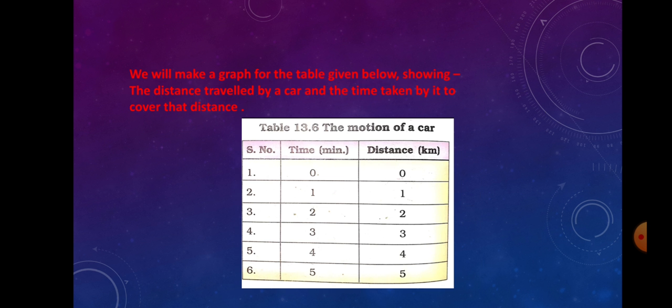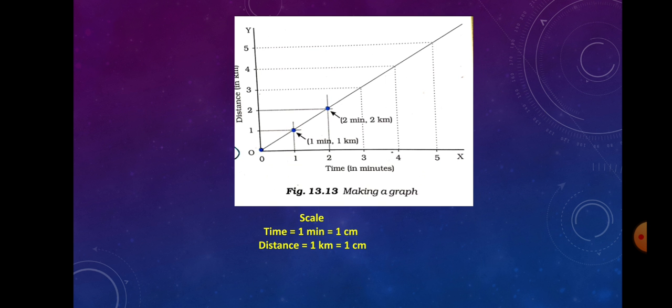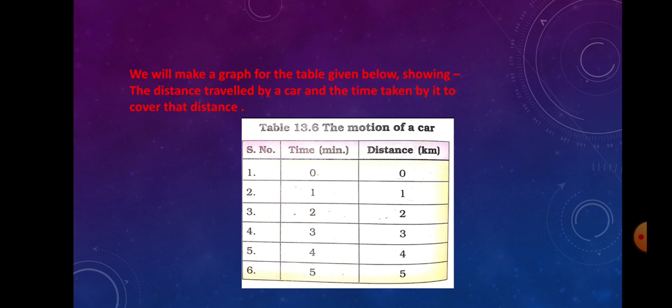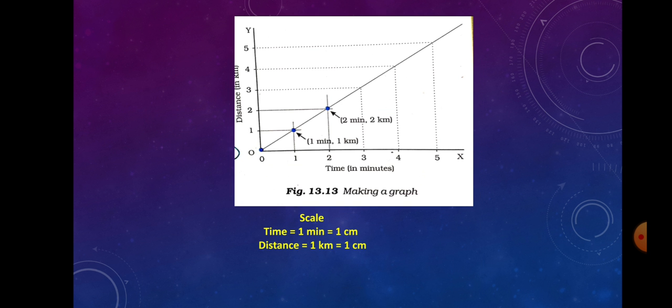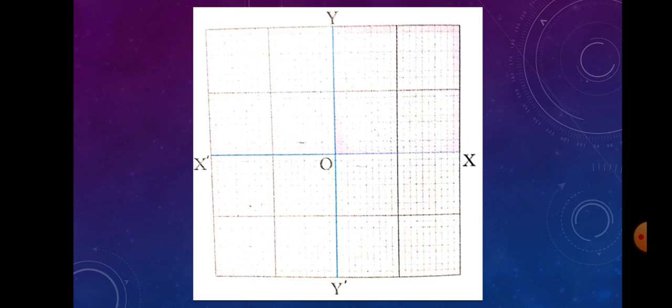Now this is the graph for the motion of a car, which is marked as 1 minute, 1 kilometer. It will also be given on the further dotted lines, which I have not marked, but you can just see that this is an example.